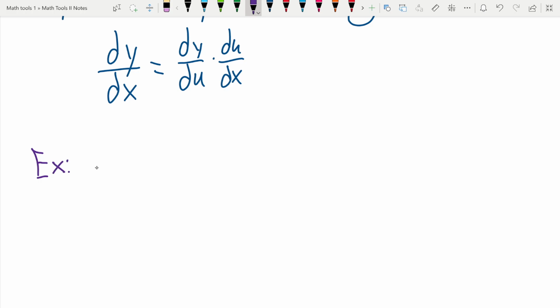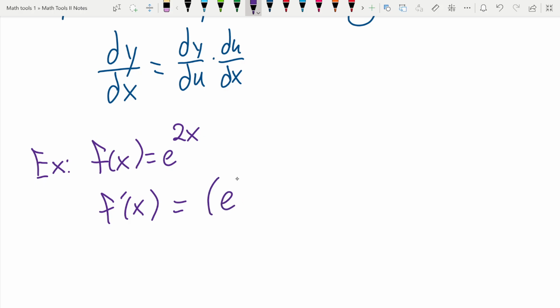We'll look at the examples we already wrote out. f of x equals e to the 2x. So f prime of x is basically the derivative of e to the 2x times the derivative of 2x, is how the chain rule would put this.